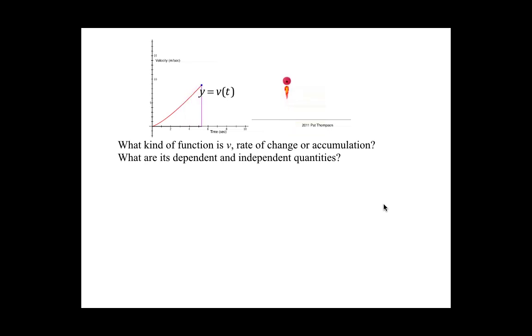So this function v, first of all, we've dealt with both sorts. Is it a rate of change function or an accumulation function? It's standing for the velocity at which this rises. That's a rate of change function. It's describing the rate at which the height changes. Now I could talk about its rate of change also, but this is measuring the rate at which the rocket ball is rising. So it's a rate of change function.